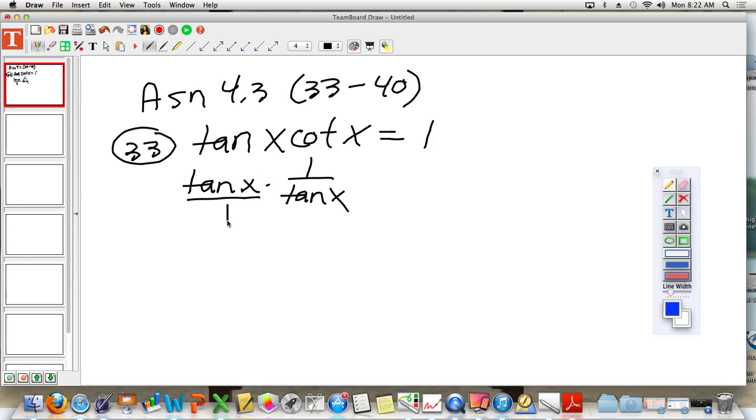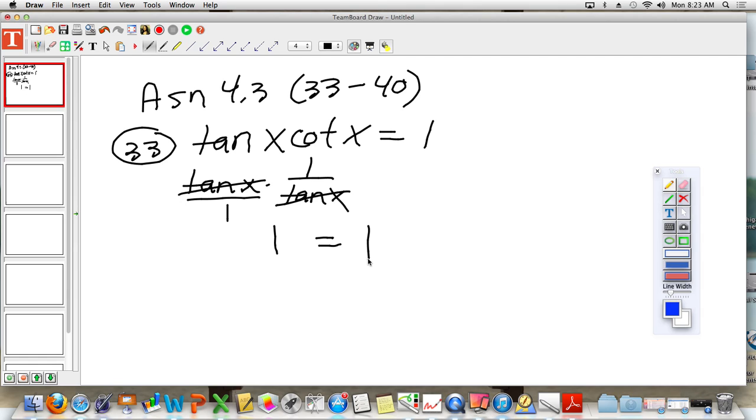Tangent really means tangent over 1. The tangent on top and the tangent on the bottom cancel out. What are you left with? 1 over 1, which is 1. So 1 equals 1. That's it. Reciprocal functions always multiply to give you 1.